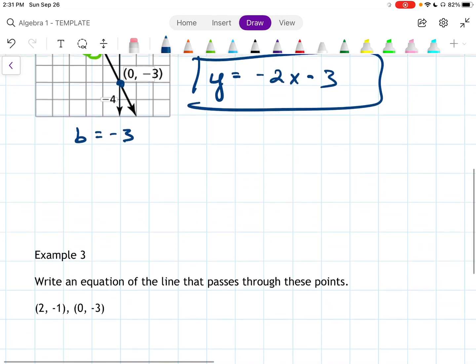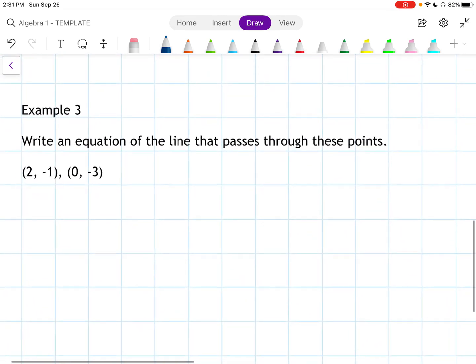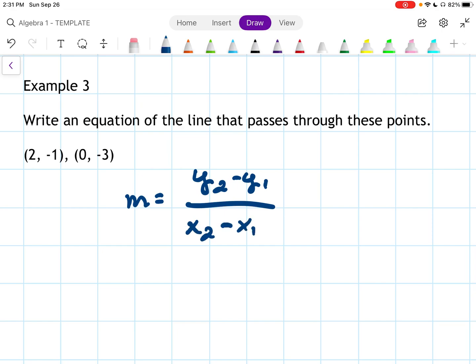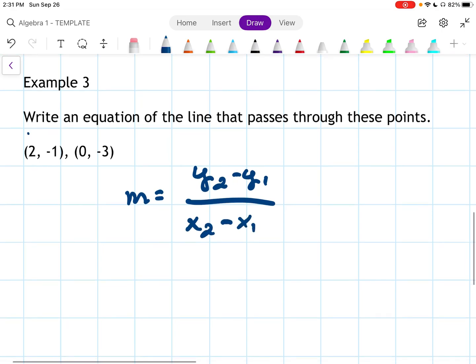All right, scrolling down again, example 3. Write an equation of the line that passes through these 2 points. Well, starting off, I want to find my slope. My slope, remember that it's one of our formulas is y2 minus y1 over x2 minus x1. So here's x, y, x, y.